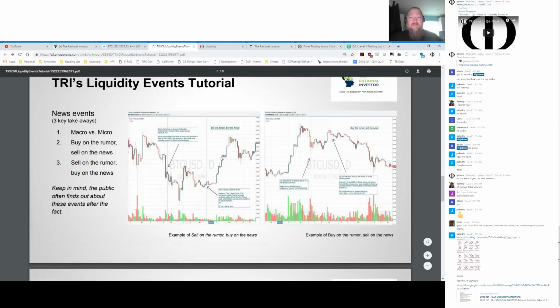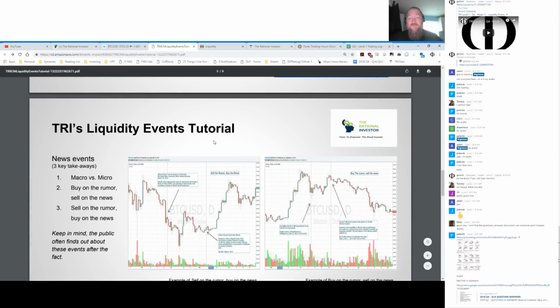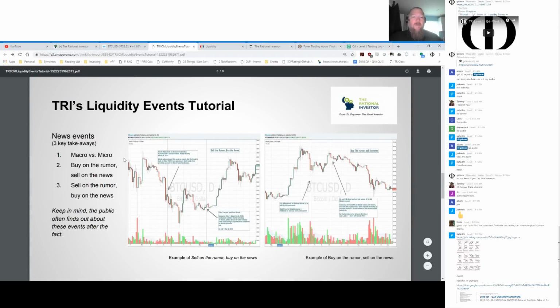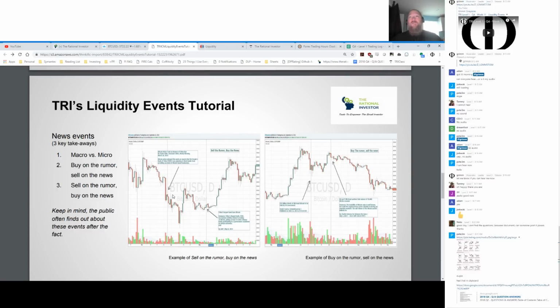All right, so that's news events, macro news events. This is important to note because this applies to all liquidity events, not just news events.